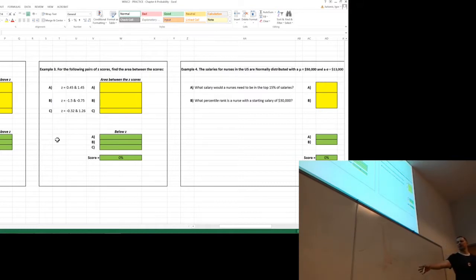So we need to figure out how we can piece together parts of the table in order to get that particular answer. In this case, one of the ways to do this, and there's usually multiple ways, is to break this up into 2 parts. So if we have this distribution, and we have 0.45 right there, in the table, we will have that section of it, right?